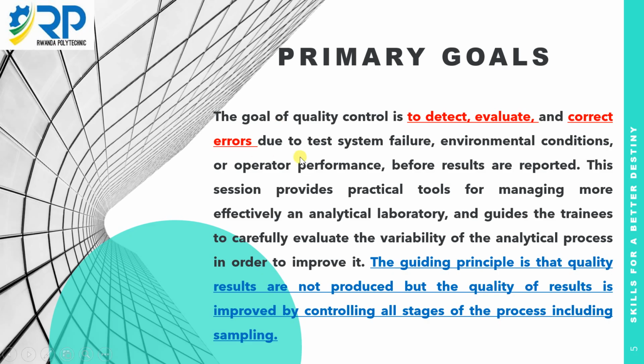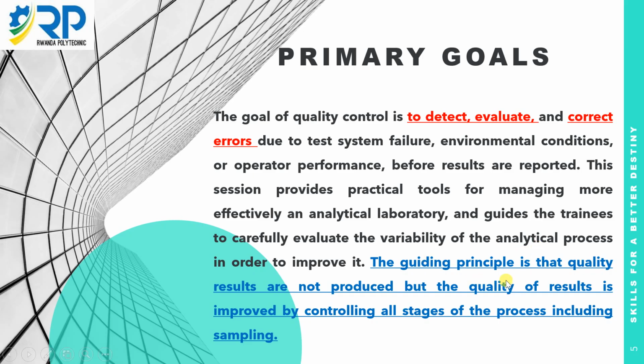These are due to test system failure, for example, environmental conditions, or operator performance before results are reported. This session provides practical tools for managing an analytical laboratory more effectively and guides the trainees to carefully evaluate the variability of the analytical process in order to improve it.